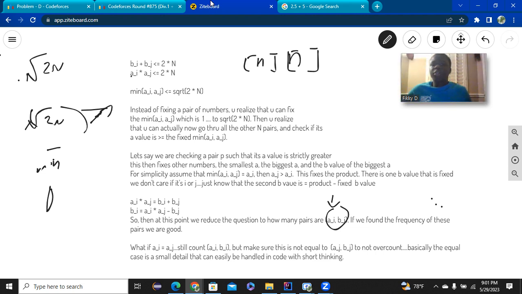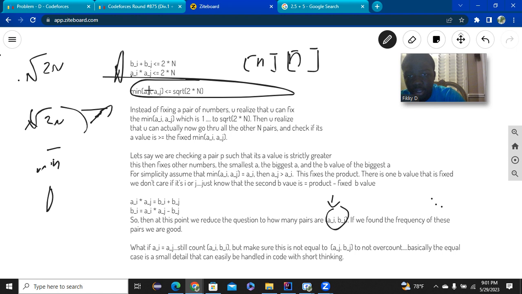Damn, this is a tricky question though. I guess the motivation is that you have to sort of use the constraints. Once you do, because the minimum is bounded, it's easier to just iterate from the minimums because there's only that many cases. What is the case when the minimum is one, what is the case when the minimum is two, and then for these you can go through and look for all the other pairs that are greater than this.